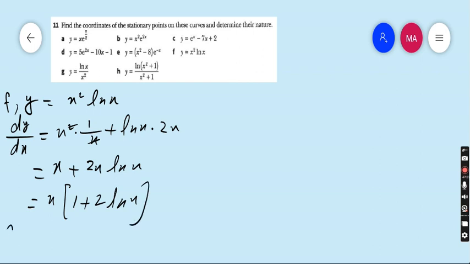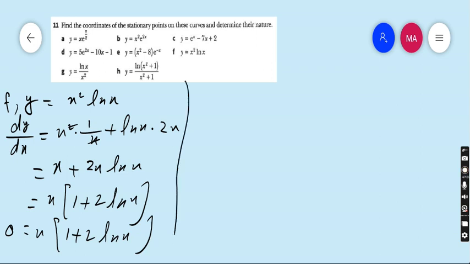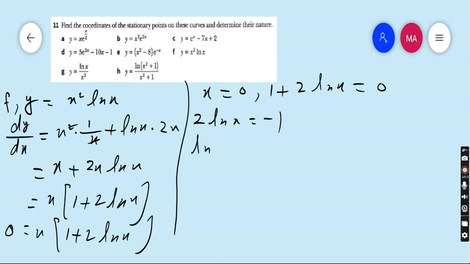Replace this by 0, x into 1 plus 2 ln x. This implies that x is equals to 0, or 1 plus 2 ln x is equals to 0, or 2 ln x is equals to minus 1, or ln x is equals to minus 1 upon 2.